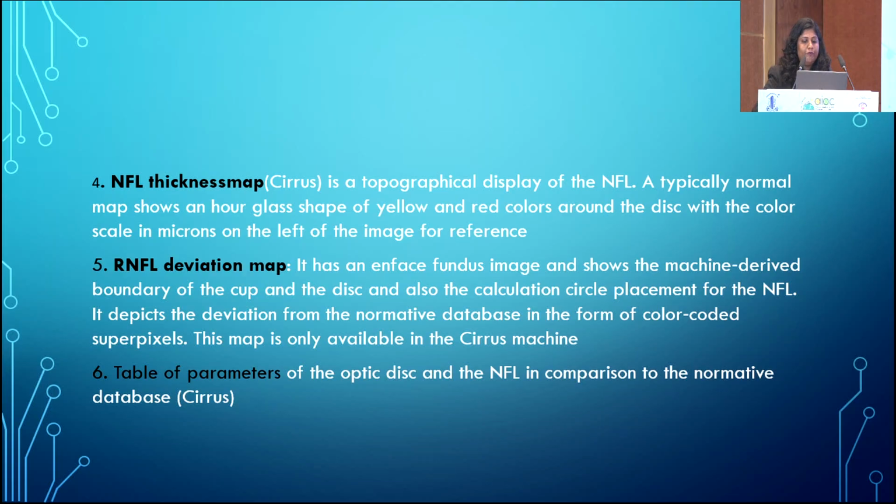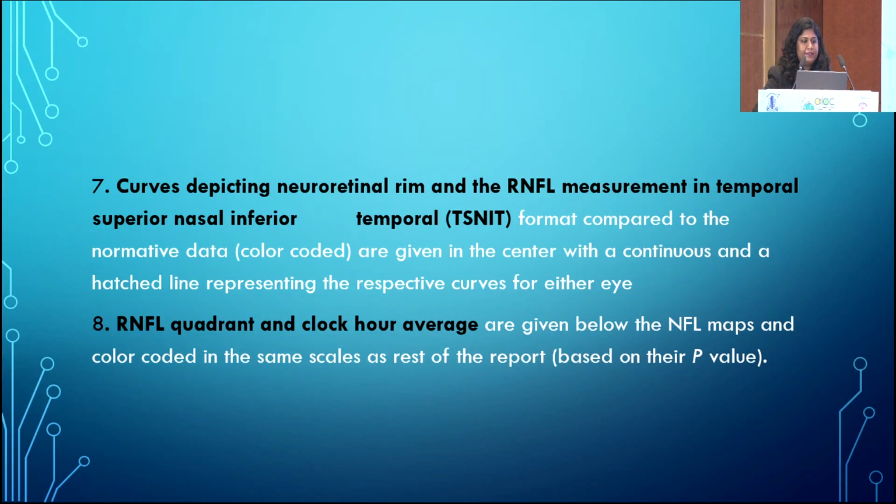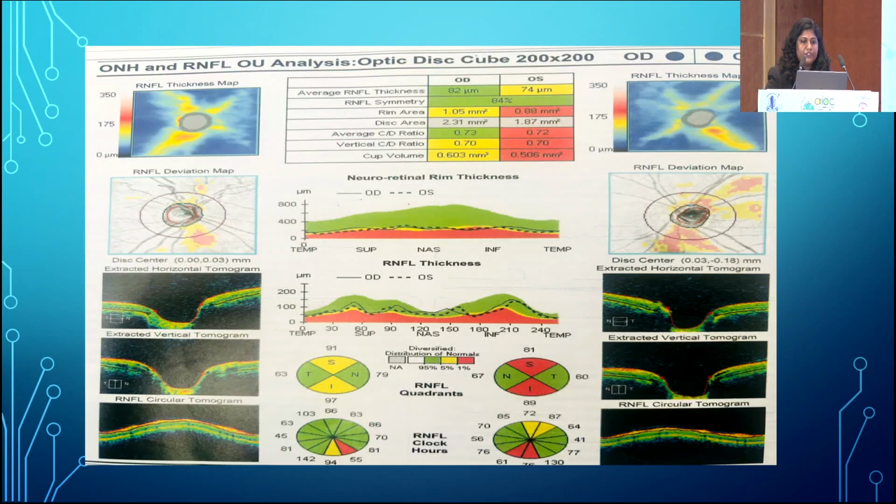And the table of parameters that is compared with the normative database in the Cirrus. Then I have told you about the curves, that is temporal, superior, nasal, inferior and temporal, the color coding pattern, then the double hump sign, that is the RNFL quadrant and the glaucoma average. In this picture you can see the RNFL thickness map, where blue is normal, while in the RNFL deviation map, red is abnormal.